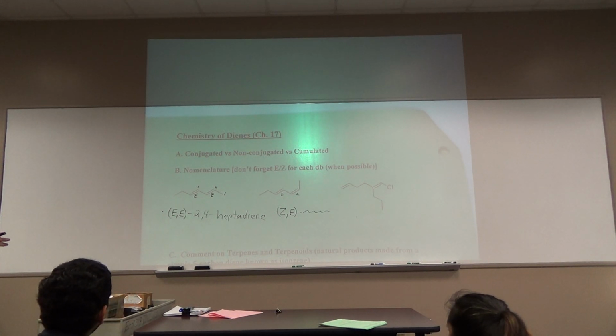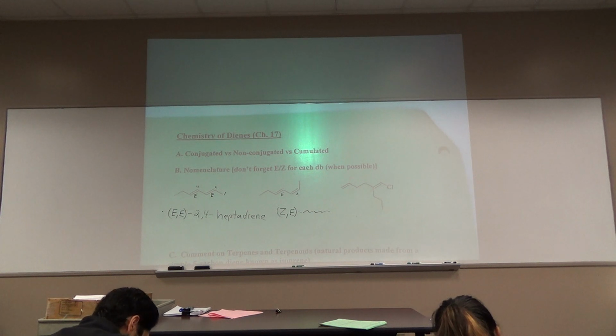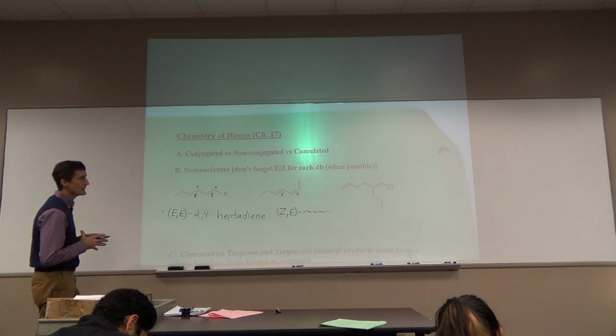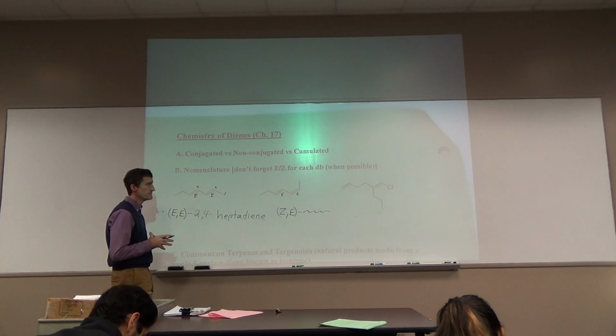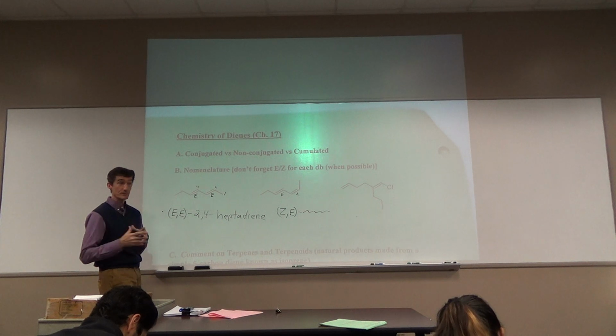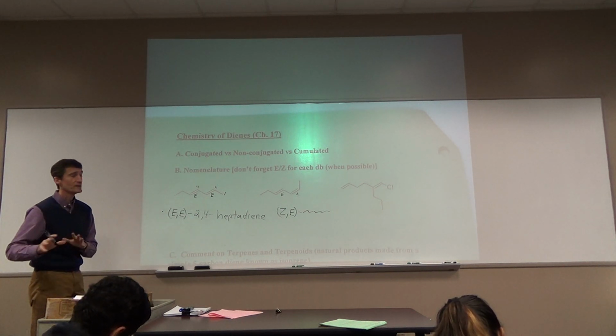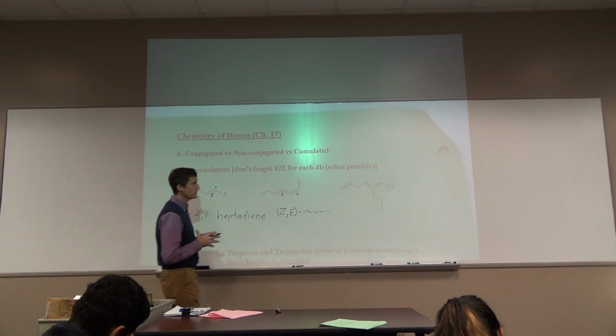With dienes, both need to be in the longest chain. That can get a little complicated because you may have some choices, but we're not going to go there. For what we're doing, both need to be in the chain.